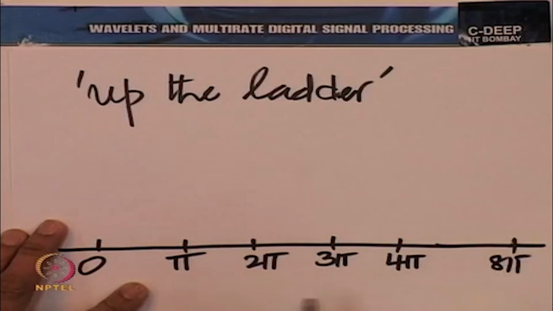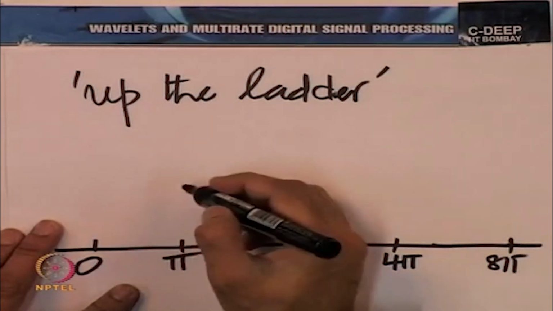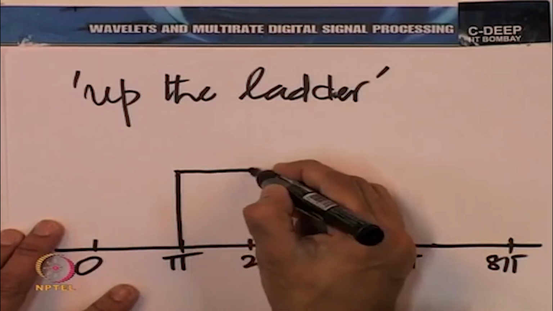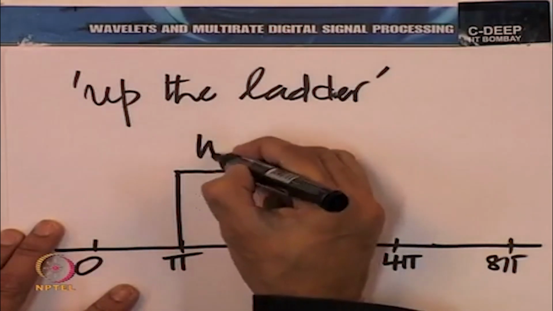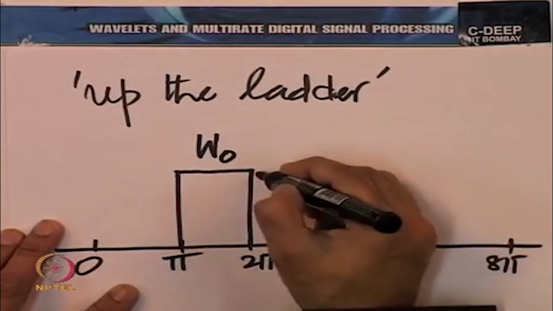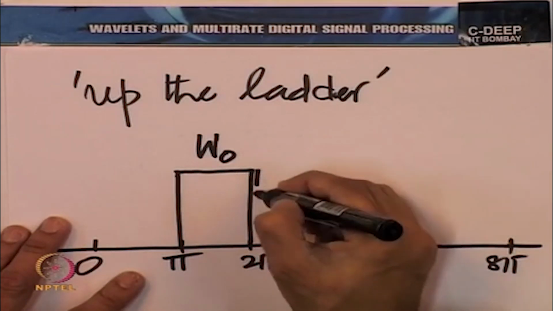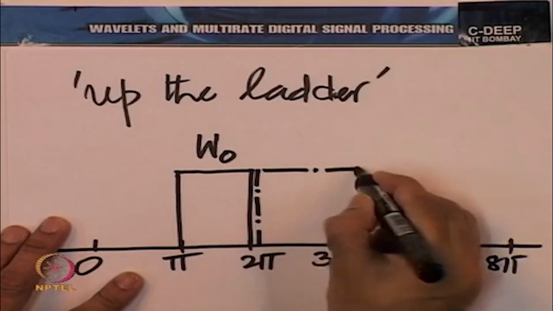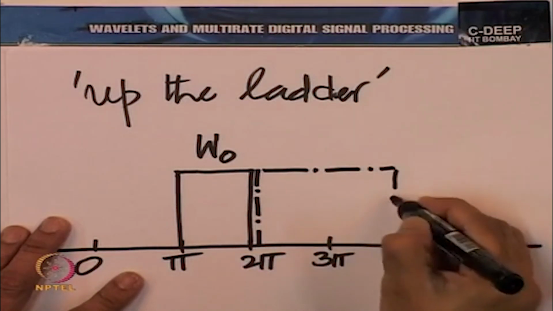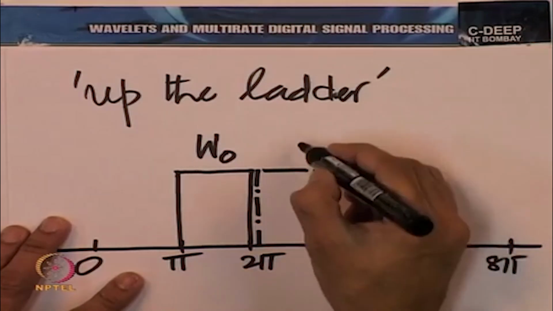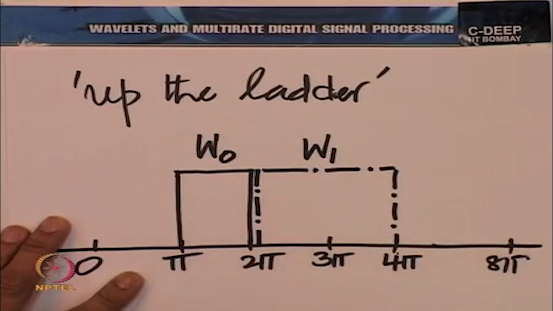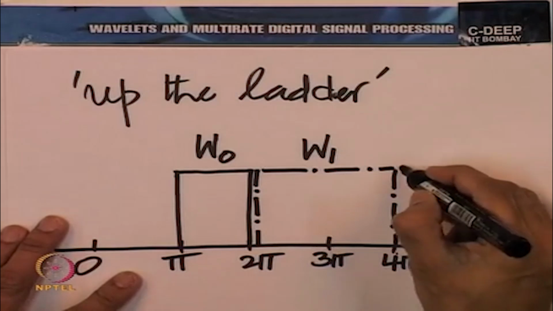So, I will show 2 steps, not quite proportional, but that is okay. This is W 0, W 1 will essentially take this from 2 pi to 4 pi. W 2 will cover 4 pi to 8 pi here. This is 8 pi, please note.